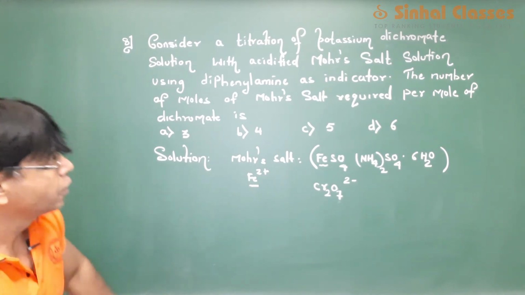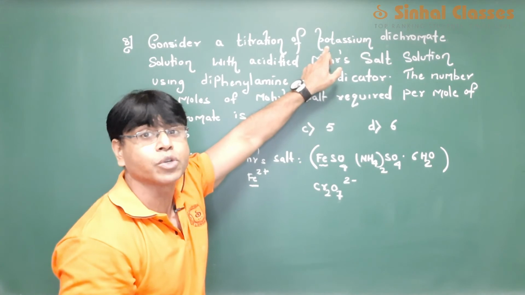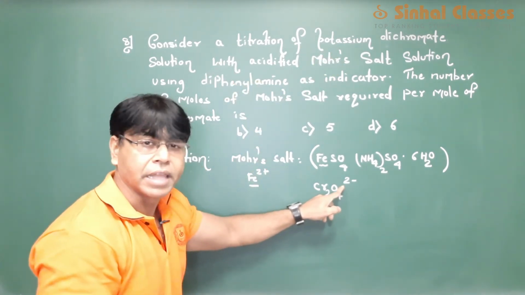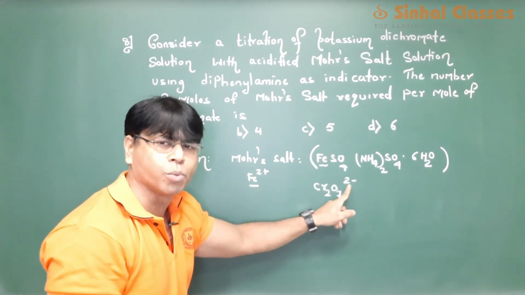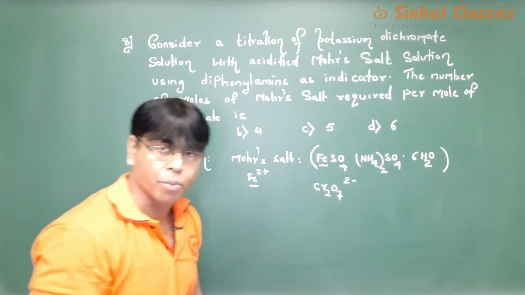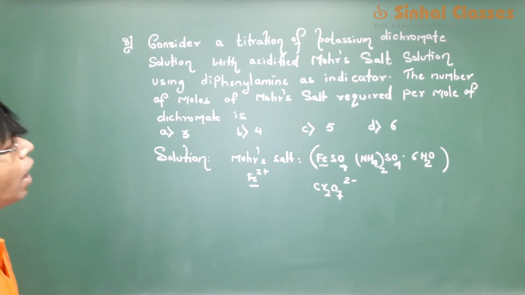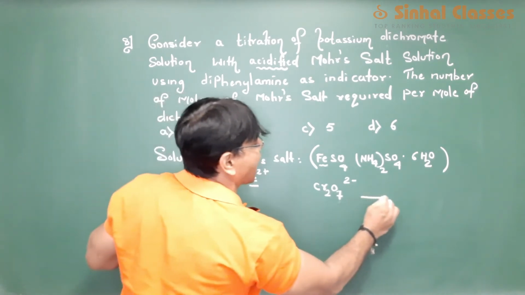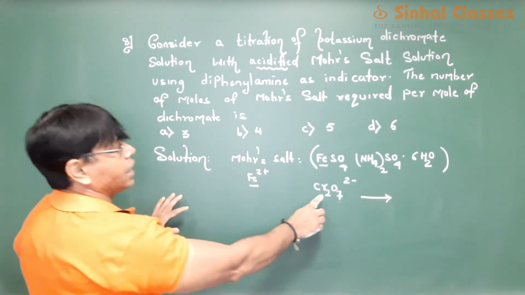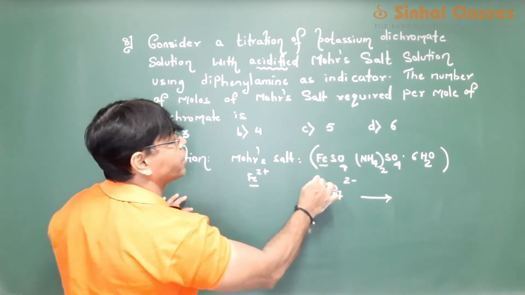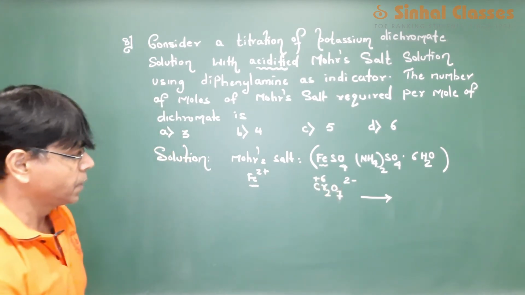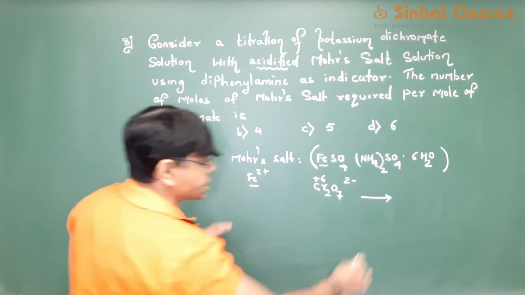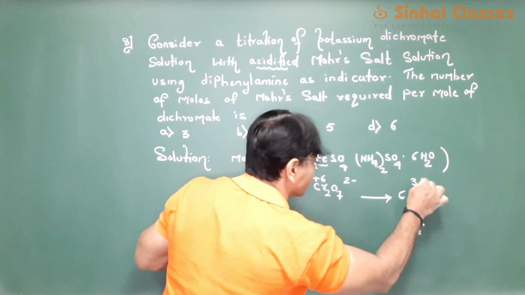So potassium dichromate, the ionic form can be written as Cr2O7 2-, because there are 2 potassium, K2Cr2O7. So when I remove 2 potassium which carries positive charge, you get dichromate ion as 2 minus. Now in acidic medium, this dichromate ion, Cr, which is right now in +6 oxidation state, changes to +3.